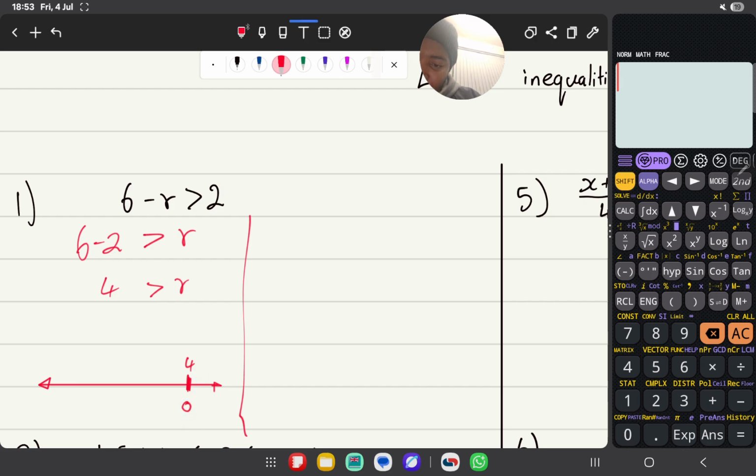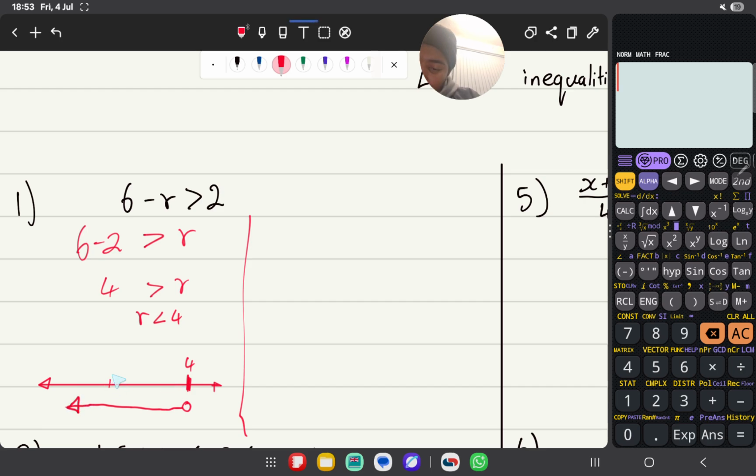You're going to have an open dot because there's no equals, it's just a greater than sign. But remember, 4 being greater than r means that r is smaller than 4. So now the values of r are going to be any values that are smaller than 4.